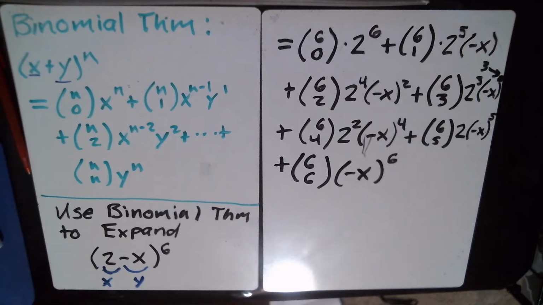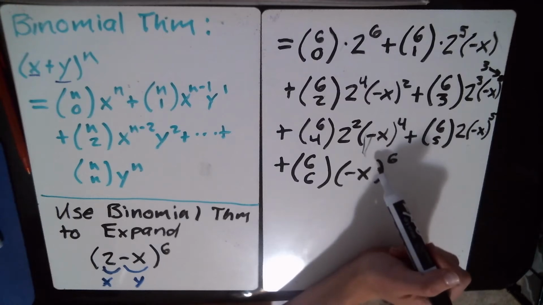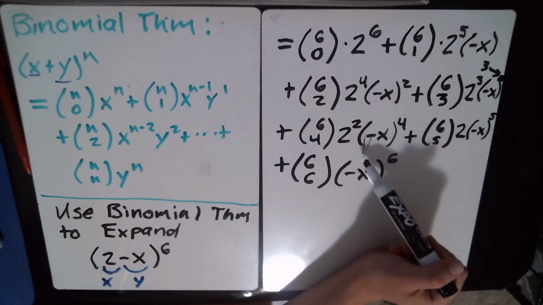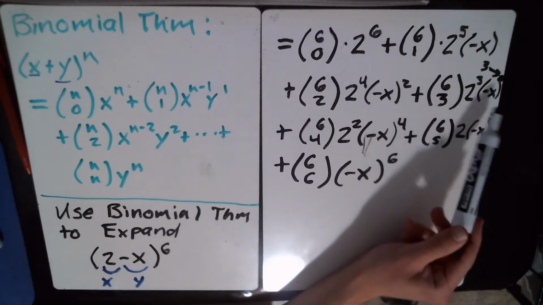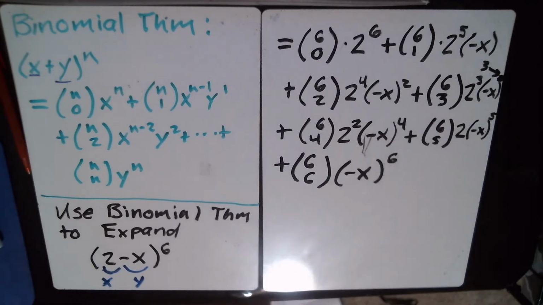I feel like Pascal's triangle is a little bit easier for powers like this. The binomial theorem is really effective if you just want to know one term. If you wanted to know how many x cubes there are in this equation, you just look at where the x cubed is, then compute 6 choose 3 times 2 cubed, and that would give you the number in front of the x cubed.